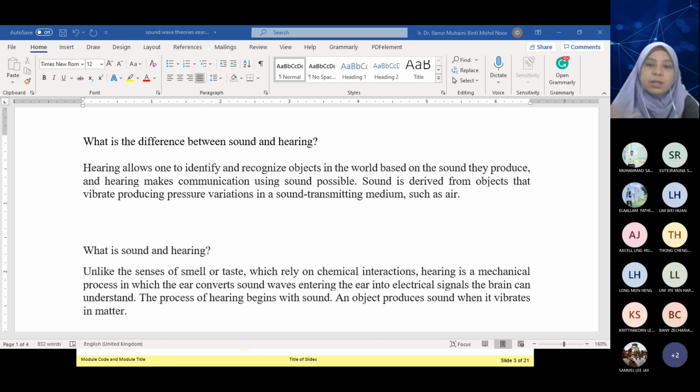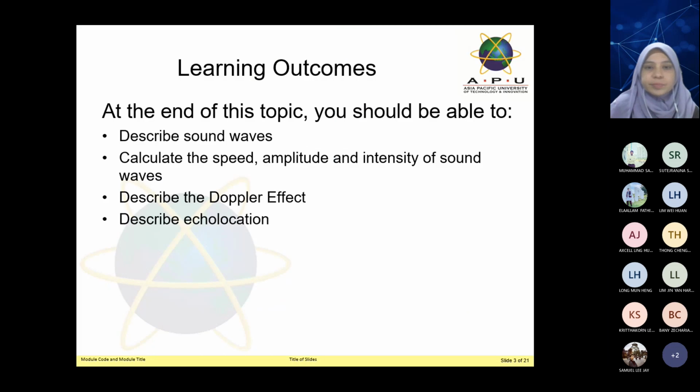So your brain spontaneously already knows, oh, this is piano sound. If you hear other things like horn from the car, or horn from the lorry, lorry and car also have different sound. So from there you can process in your brain.